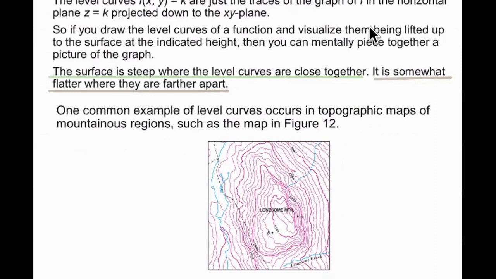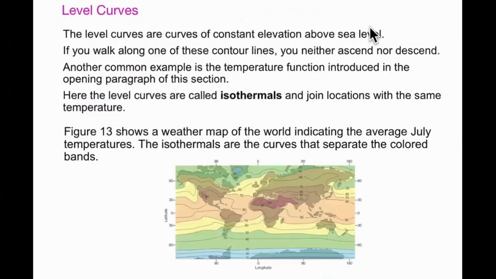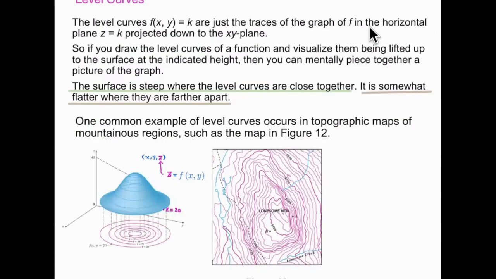You see those level curves occur in topographic maps of mountains. So z equal to 20 is this horizontal plane over here. You use that horizontal plane, z equal to 20, and you slice this surface. When you slice that surface, you get this curve over here.